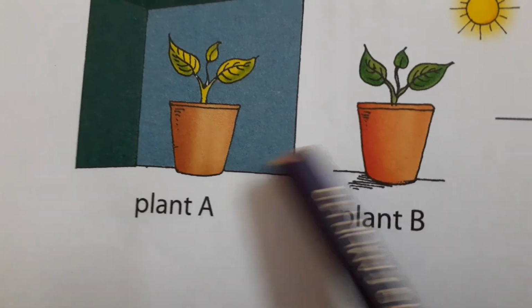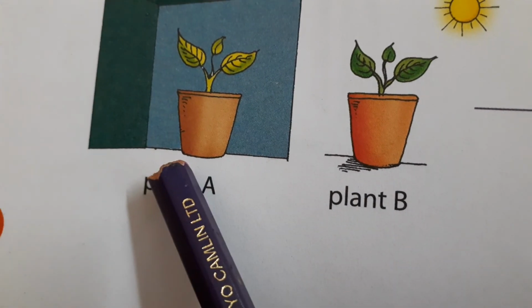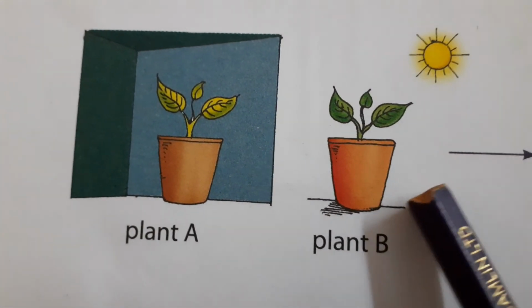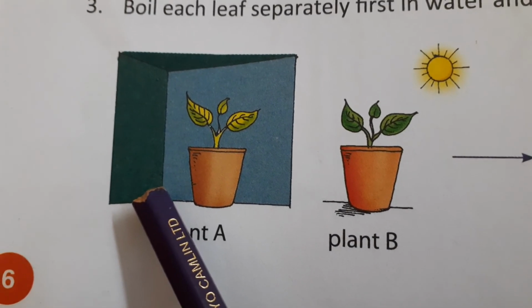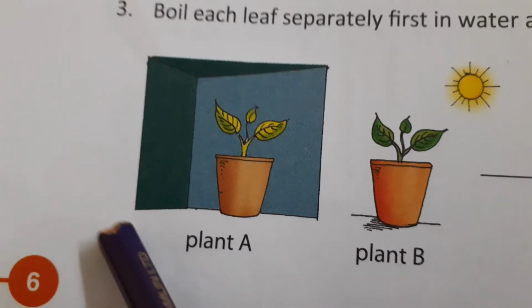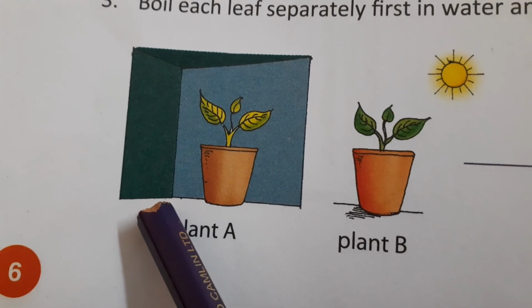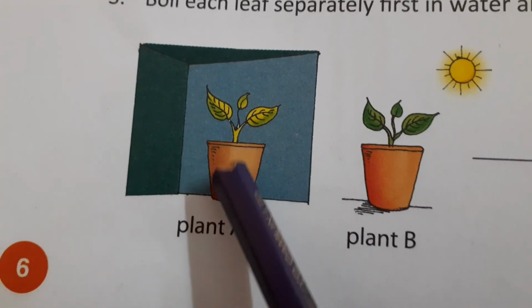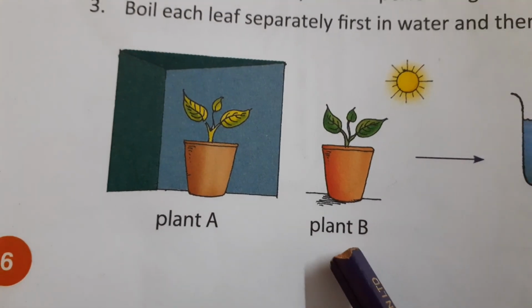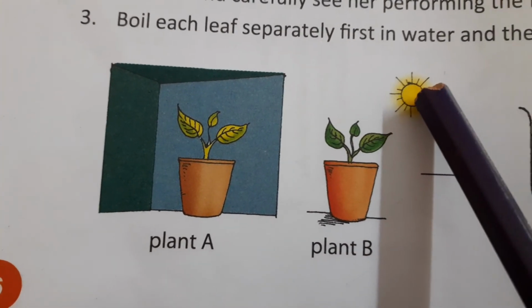Look at these pots, children. Plant A, plant B. Now take well-watered plant A and keep this in a dark room for 2 days, and water the plant regularly. Keep another plant, plant B, in the sunlight.